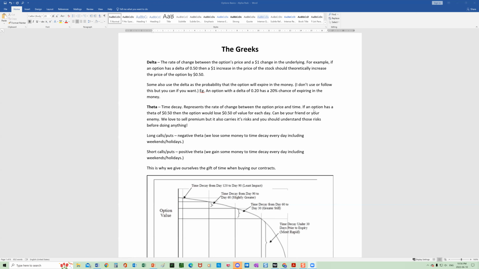So oftentimes you'll hear me talk in the chat or in the live Zoom room about how people with larger portfolios just sell premium. They do that because every moment that passes, more money basically appears in their account, right? Simplification. But when you're selling premium, it's carrying additional risks.